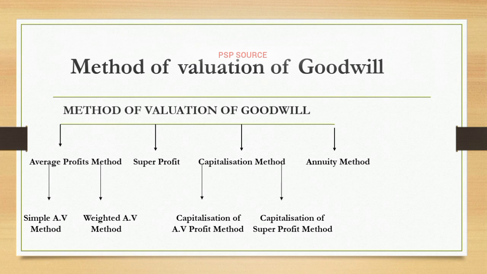The third method is the capitalization method. The fourth one is the annuity method. As I said, the average profit method divides into two methods, the simple average method and the weighted average method. And the capitalization method further divides into two methods, capitalization of average profit method and capitalization of super profit method. Let's see the explanation one by one.